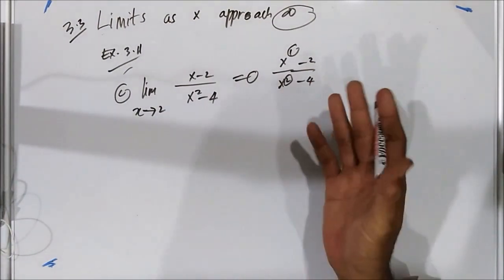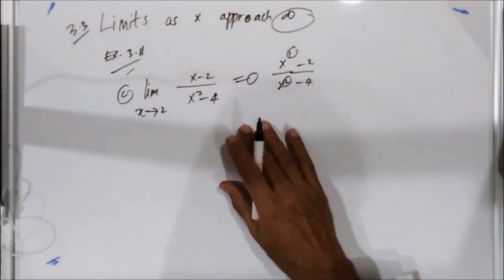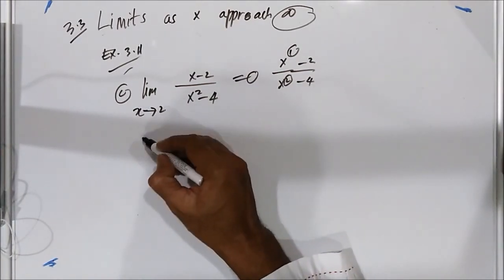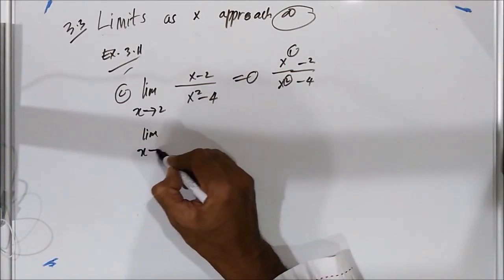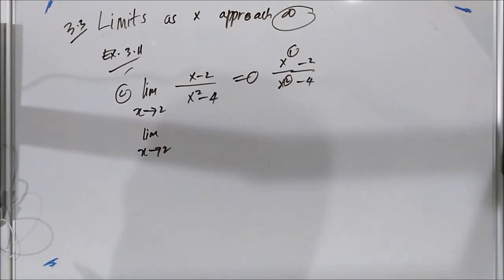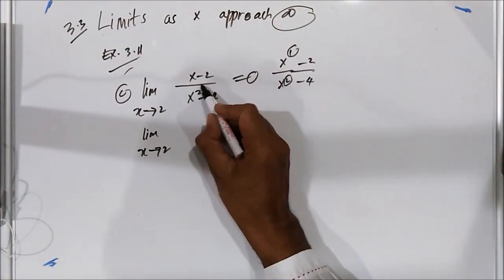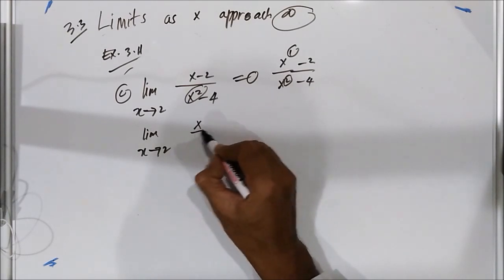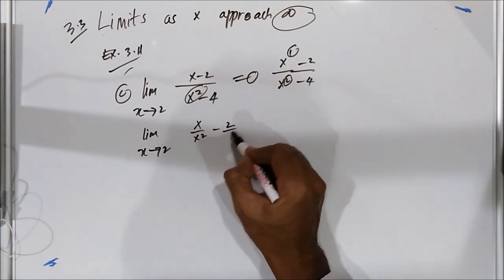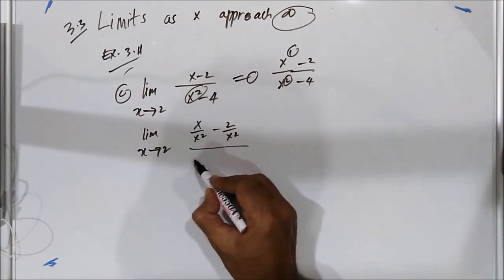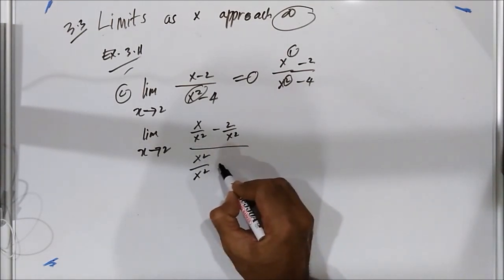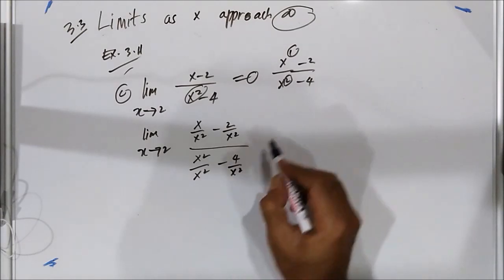Okay, another way of solving this one is, limit of x approaching infinity, we divide everything by the largest power. The largest power is x squared, so we get x over x squared minus 2 over x squared, over x squared over x squared minus 4 over x squared.